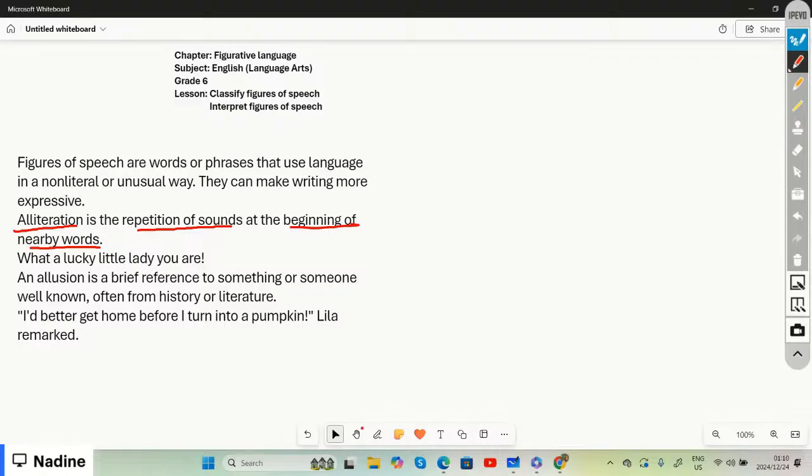And if we look at an example of alliteration, which is a repetition of sound, it says, "What a lucky lady you are." So, what a lucky lady you are.